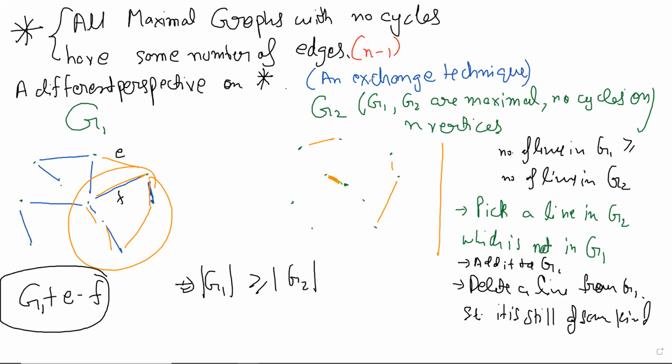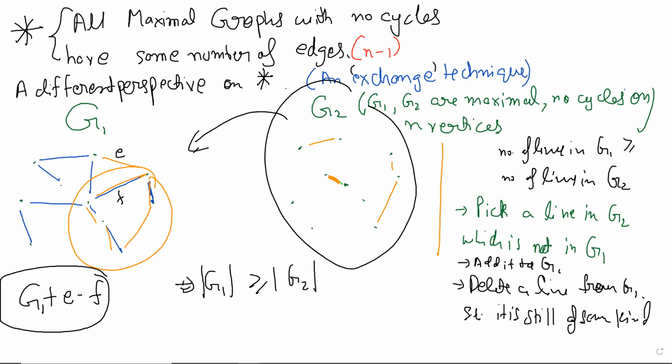Actually, I was slightly wrong in my handling of the word. When you asked this question, you're right. I used this word exchange in a slightly wrong way. I used it as if you're taking edges from here and putting them here, and that's the exchange.